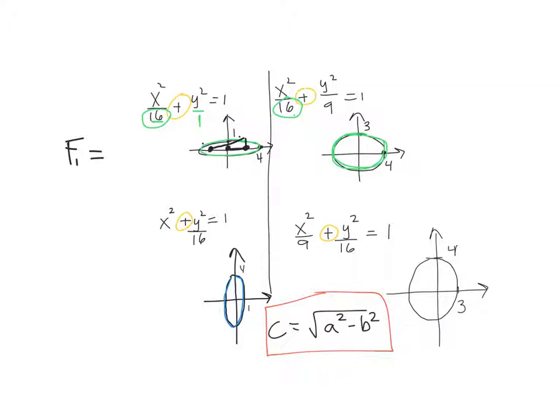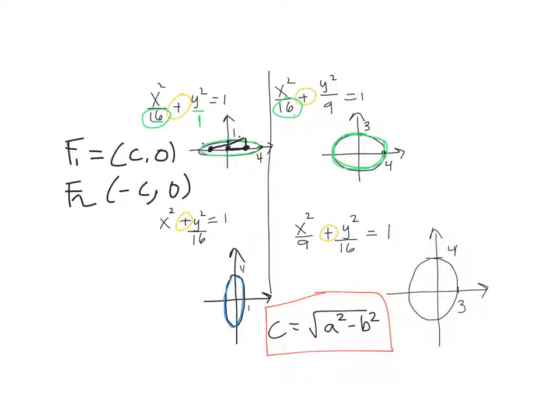So we're going to go over c, and then we go up nothing. It's still the same y value as the center. Okay, and the second one, we go back c and keep the same y value as the origin.